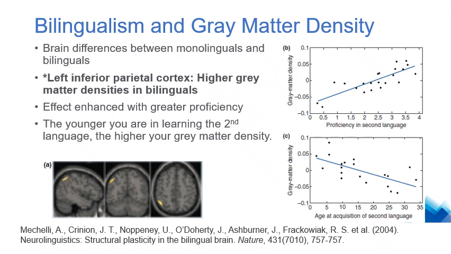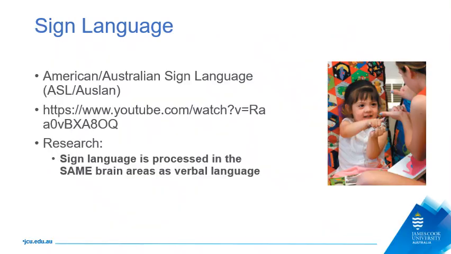By contrast, the age of acquisition of second language is correlated negatively with gray matter density in the same brain region. This means that the younger you are in learning the second language, the higher your gray matter density in that brain region.